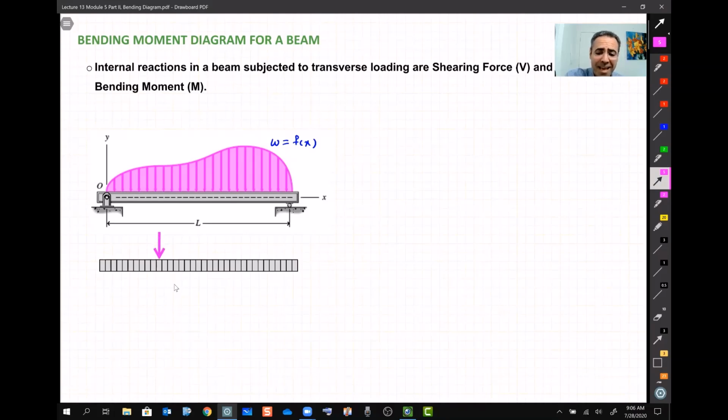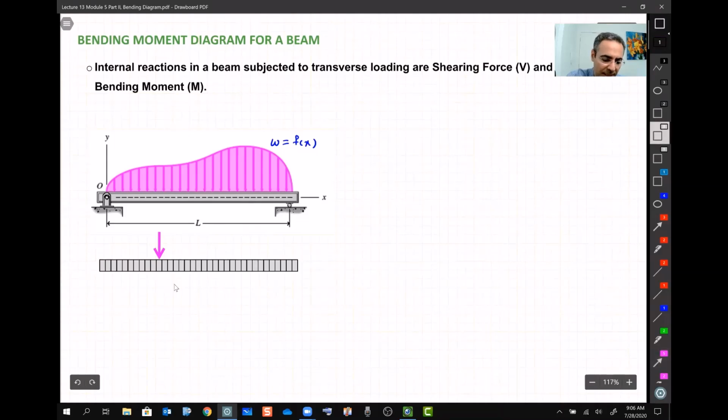Imagine that this beam is made out of all these slices being glued together. Now, if I try to draw the free body diagram for just one of these slices, it's going to look something like this, probably.